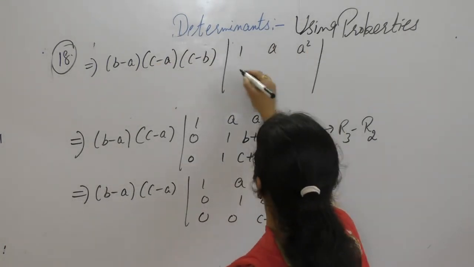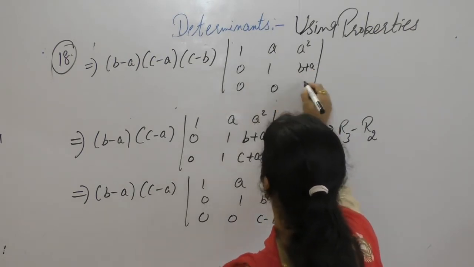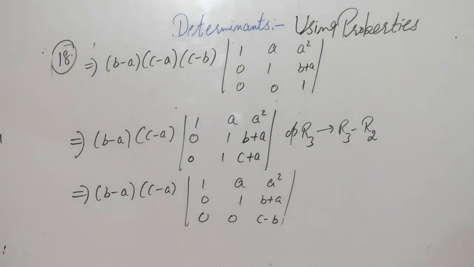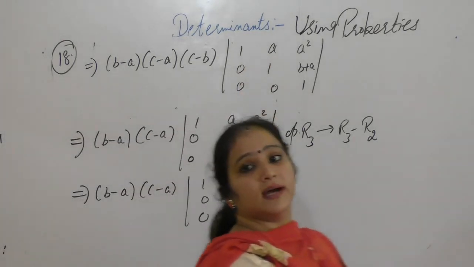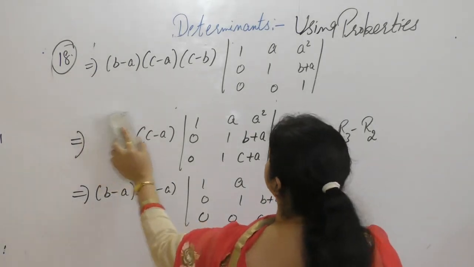The rows are (1, a, a square), (0, 1, b plus a), (0, 0, 1). Now, the first column has the maximum number of zeros, so expand it along the first column.